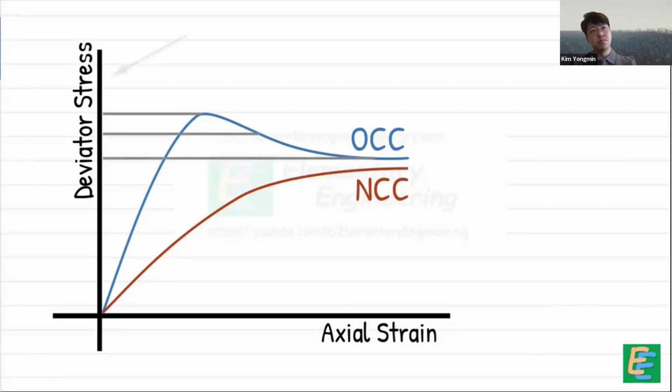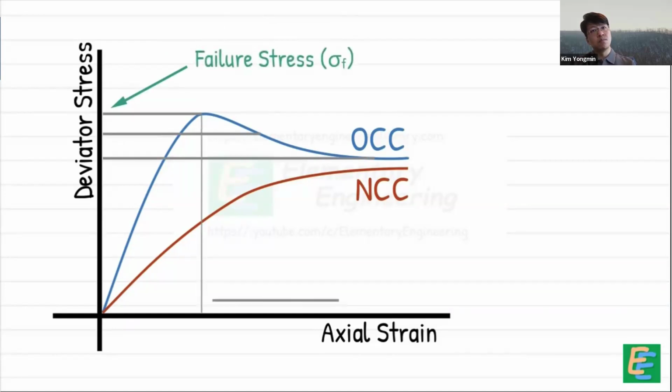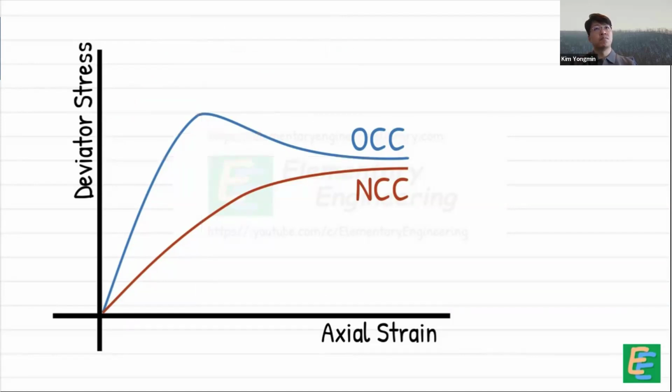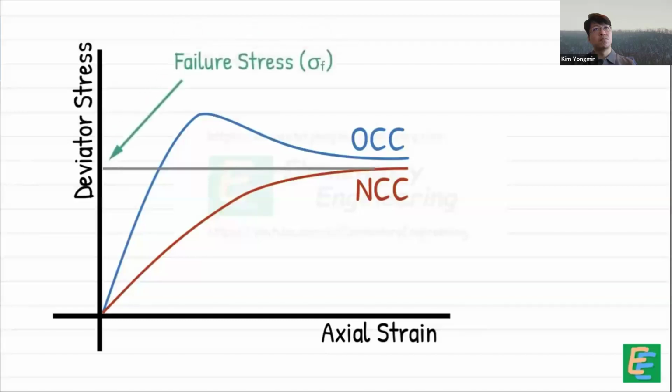The soil sample fails at this peak stress, which is also called the failure stress. Beyond this point, the soil cannot take further load, but the strain keeps increasing. For normally consolidated soils, we do not observe such a peak. Instead, the value of stress where the graph stabilizes is taken as the failure stress.